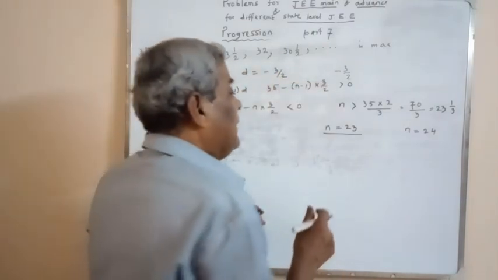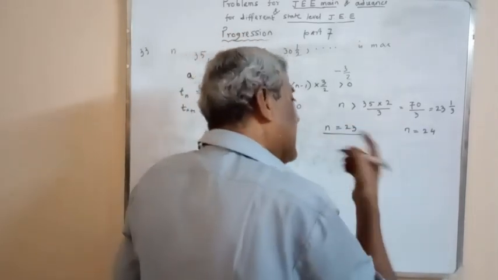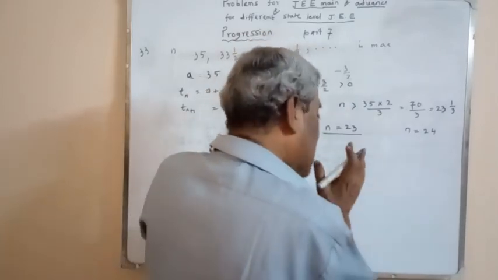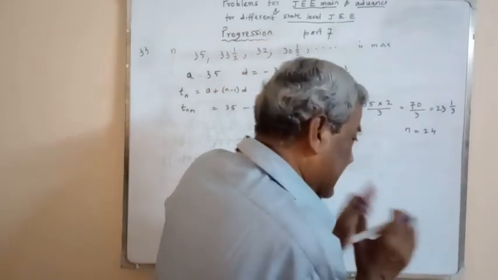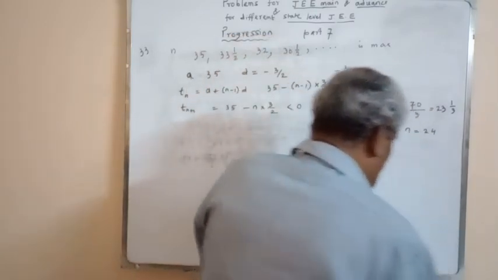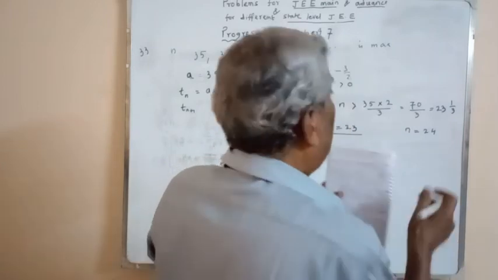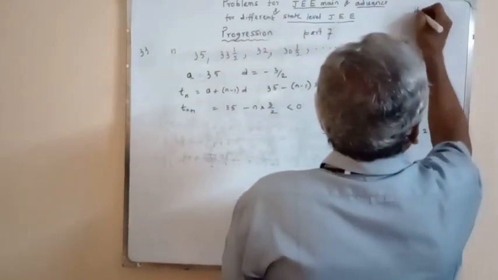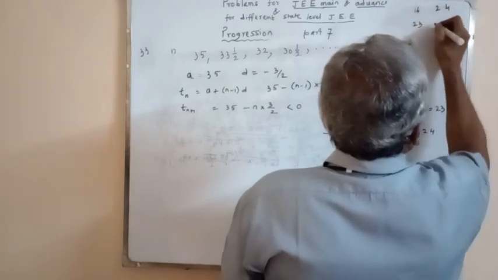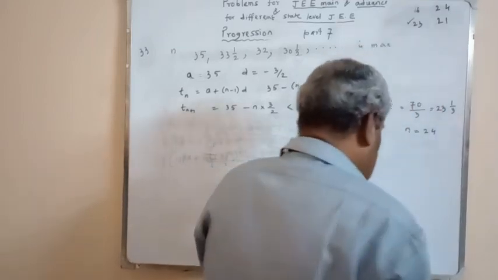When n is equal to 23, it will be maximum, and when n is equal to 24, the sum will decrease. So our answer is n is equal to 23. Oh, options are not given. Anyway, the options are 16, 24, 23 and 21. This is our answer.